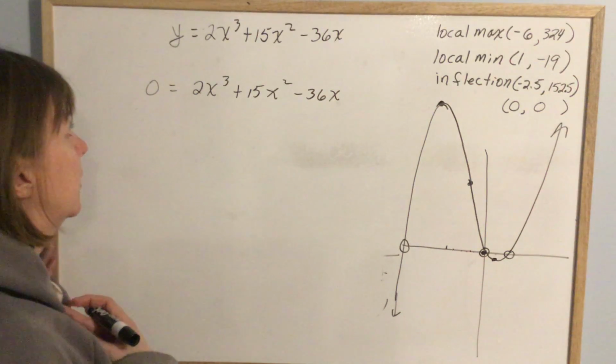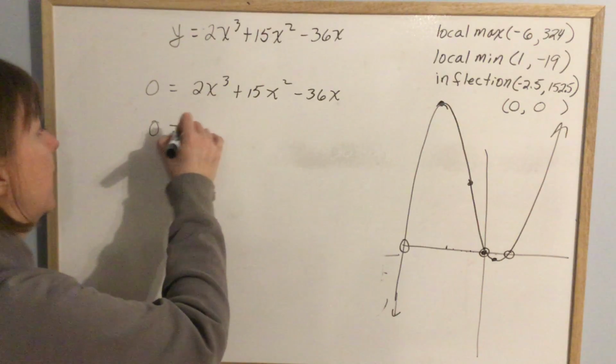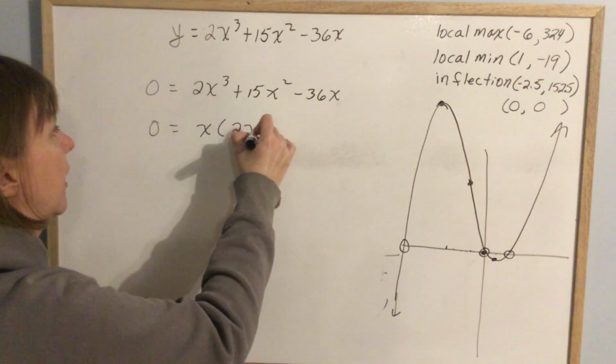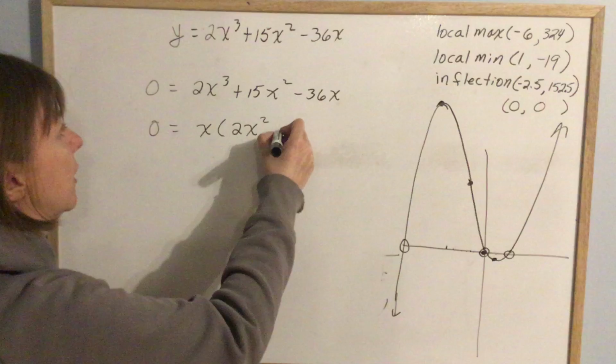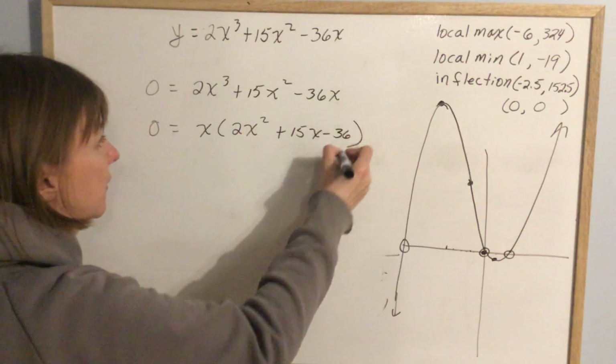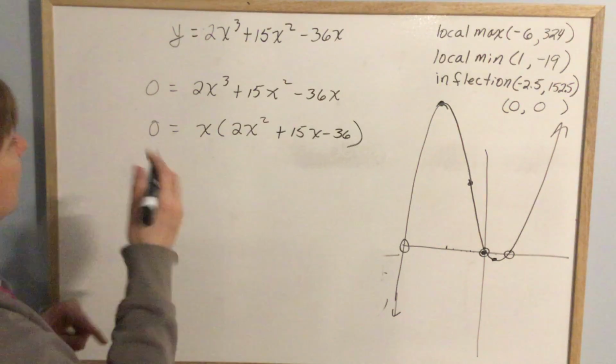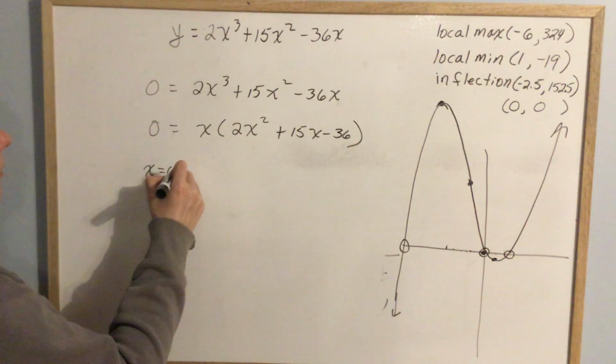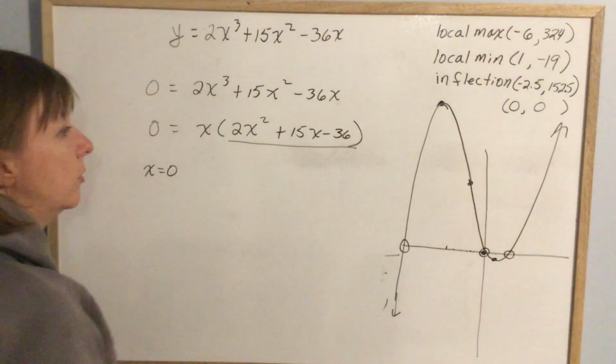What I would have done with that is I would have taken my x out as a common factor and had 2x squared plus 15x minus 36, so that x is equal to 0, but this trinomial is equal to 0.